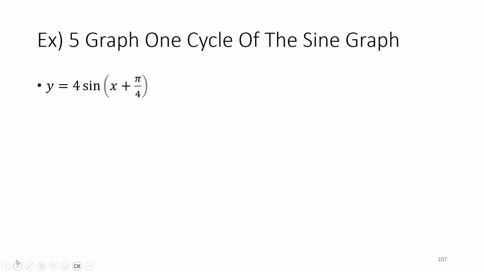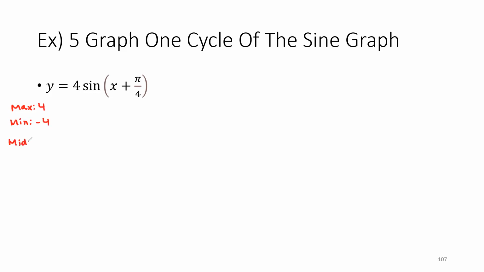Okay, example 5, graph one cycle of the sine graph. It's just like example 4. Yeah, let's do this one together. So let's see, our max is going to be 4. Our min is negative 4.